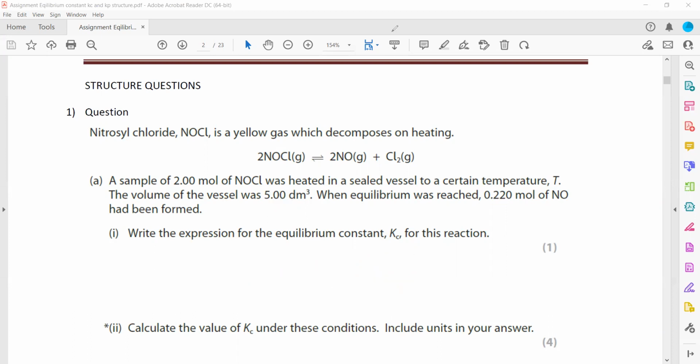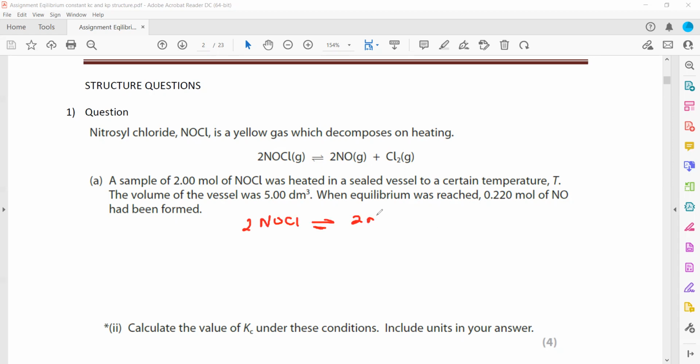Now, how to calculate the value of the Kc under these conditions? First thing, we need the concentrations. So what is the initial concentration? The equation is 2NOCl forming 2NO plus Cl2.